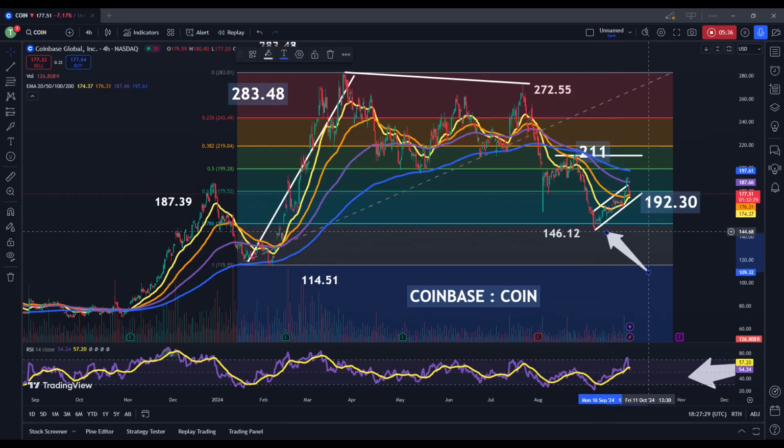So to me, the real concern here doesn't start to develop until you break below 146.12. And the reason I say that is because as things currently stand, we're trying to view this as being a false breakout to the downside. If we were to see share prices fall below there, then of course that would not be a false breakout to the downside.